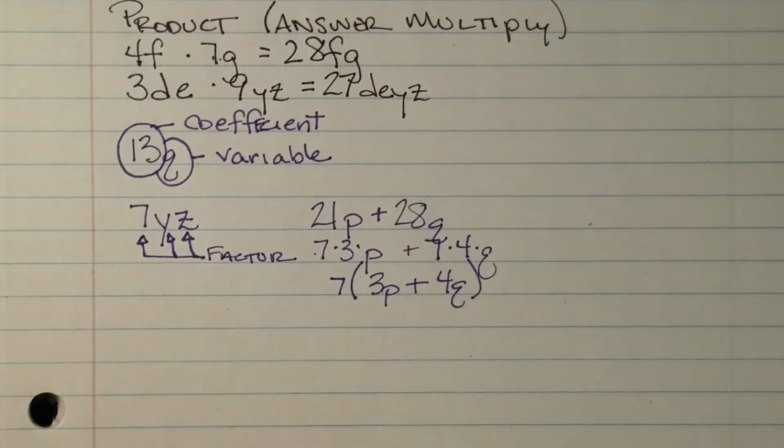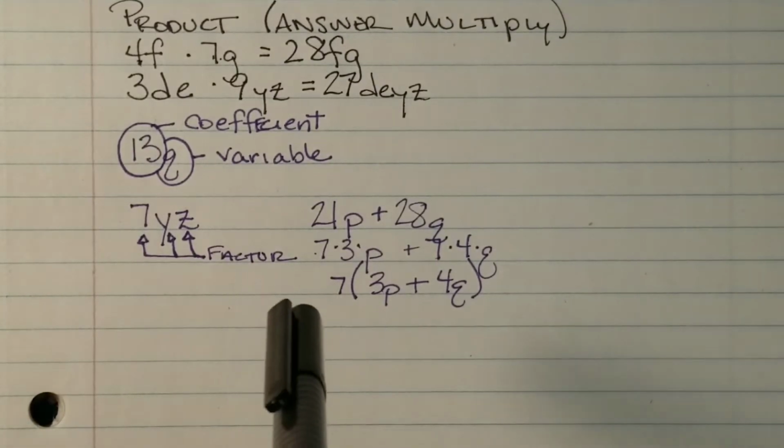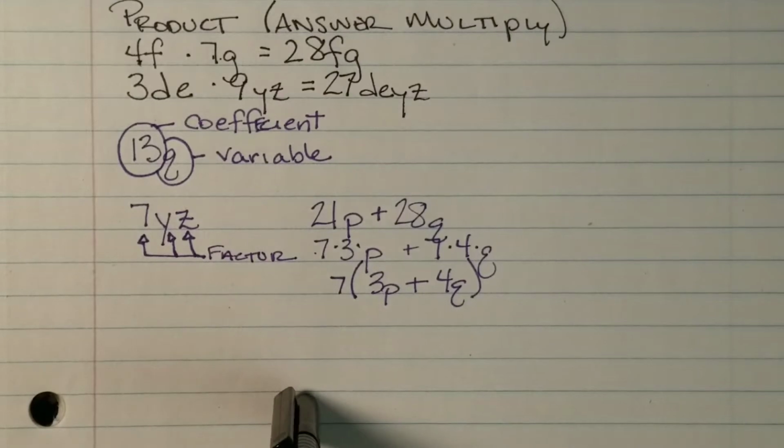What if I say, multiply 5 times p times 4 times g.